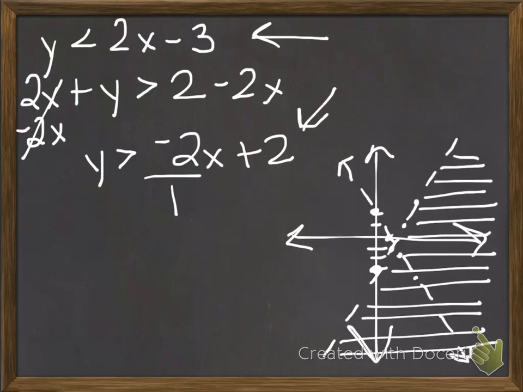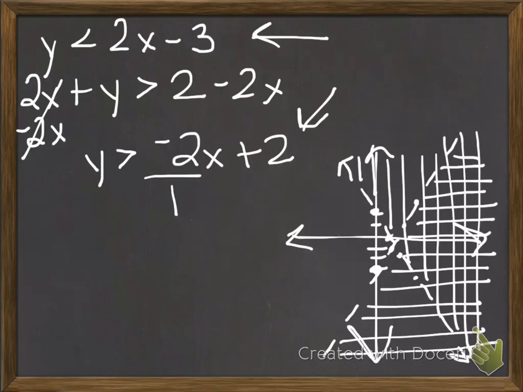And then once you have a dashed line, now you need to figure out where you're going to shade. Because it's a greater than, you're going to shade above. So you're going to shade everything above your line. I'm going to use vertical lines so you can easily see which area overlaps.